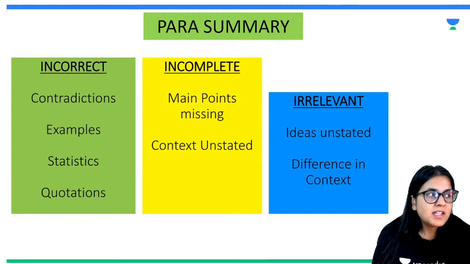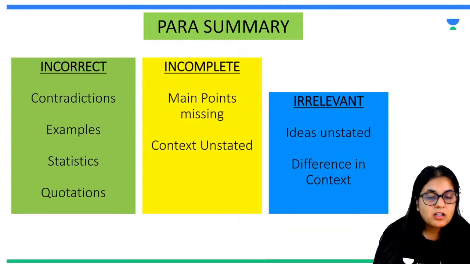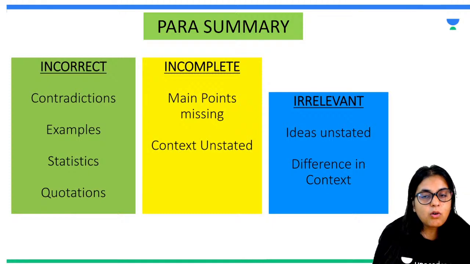Now, one thing is that no option in a para summary question will be perfect. It's all a process of comparison and elimination. That is the key. So how do you eliminate answer options? You eliminate answer options either because they are incorrect or they are incomplete or they are irrelevant.